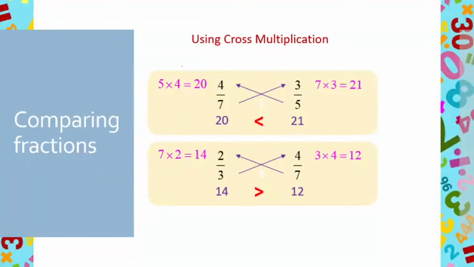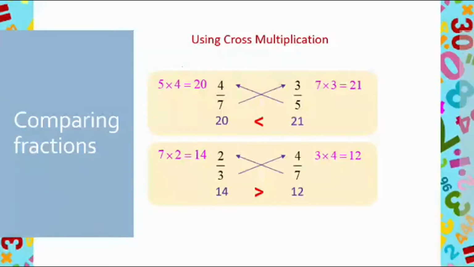When you're comparing them, you have to cross multiply. Cross multiply means the numerator of the first fraction multiplies the denominator of the second fraction, and vice versa. When you multiply 4 with 5, you get 20. When you multiply 7 and 3, you get 21.